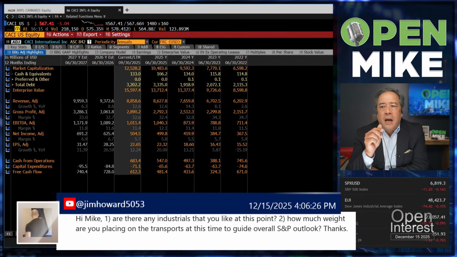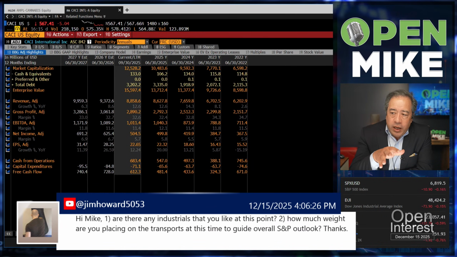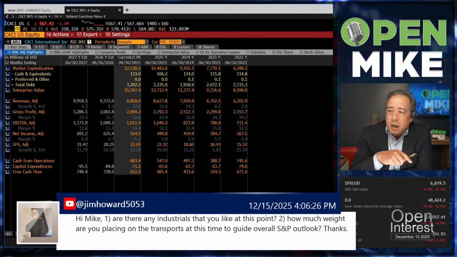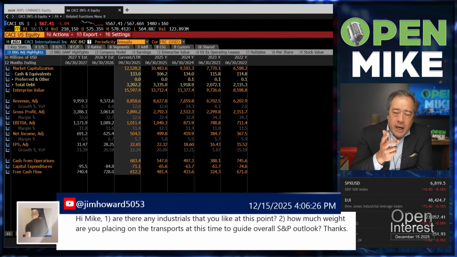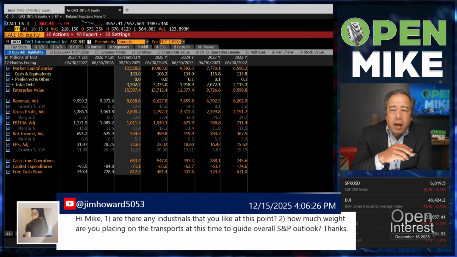So CACI, they do a bunch of different things, mostly government contracts. They do tracking applications. They have basically zero trust cybersecurity systems. So there's a lot of interesting stuff there.